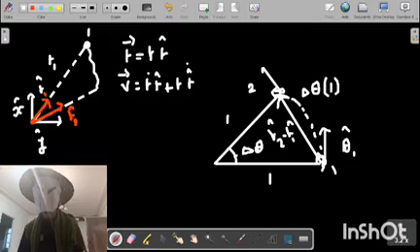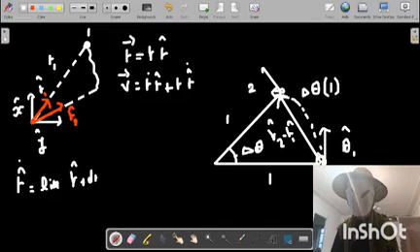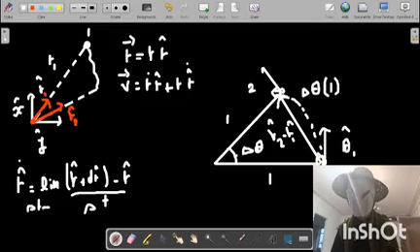So we can visually realize that r hat dot, which is the limit of r hat plus dr hat minus r hat over delta t, as delta t approaches 0, is equal to, now the amount of this, because remember guys, the derivative of something is the change of that over time.